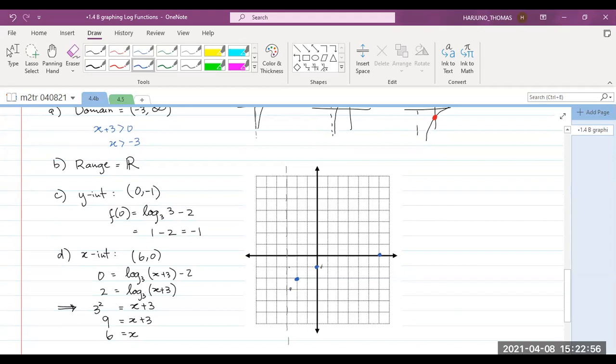Now this way, you have even more coordinates, and those important coordinates help guide us to sketch the graph. That's what the graph looks like. Is it okay?